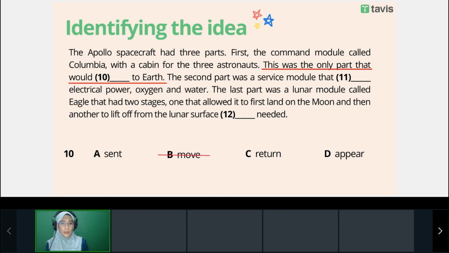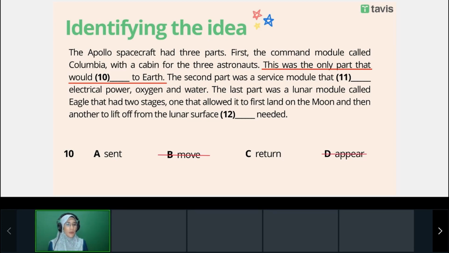So, what do you think? Is it return to Earth or is it appear to Earth? Oh no. Appear is something like it pops out, like when you play hide and seek and it suddenly appears. I don't think so. I would cross this one out.